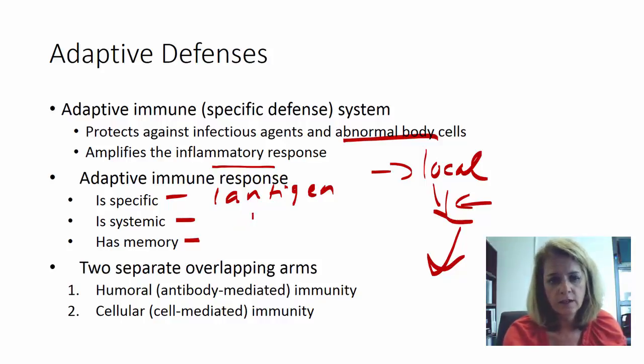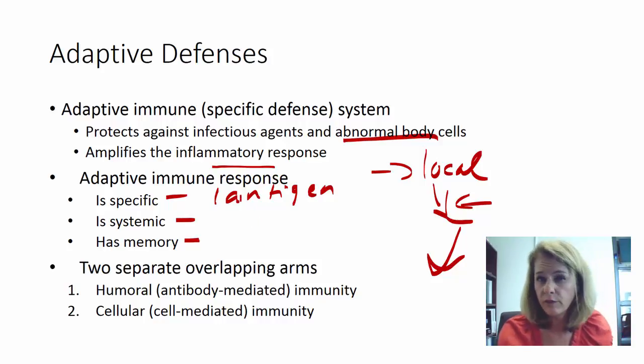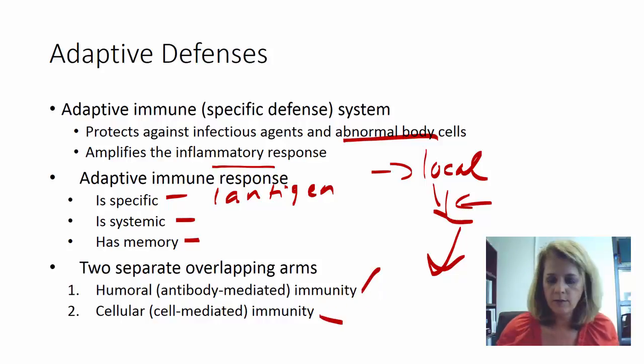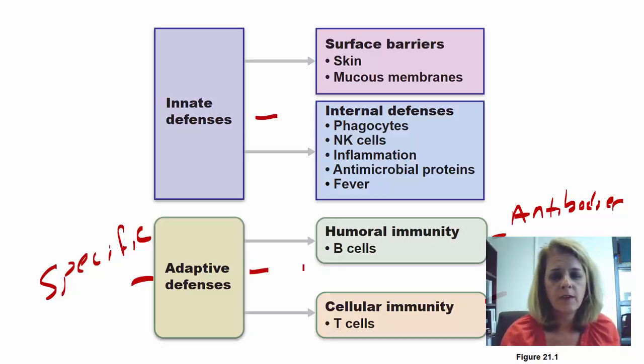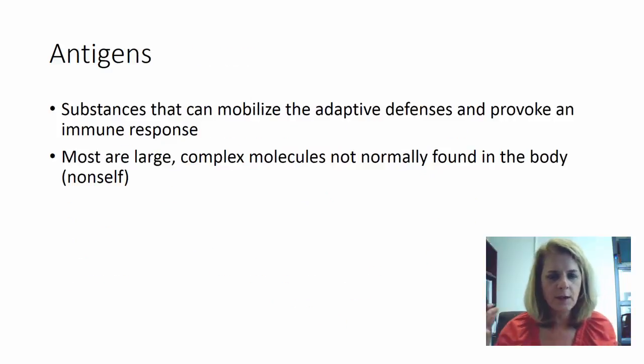This is just a brief overview of how the immune system works. It works with two overlapping arms. This adaptive system has the humoral, or antibody, and the cellular, or cell-mediated, immunity. So remember, you have innate, adaptive, and then adaptive has two arms. Make sure you're keeping all that straight.